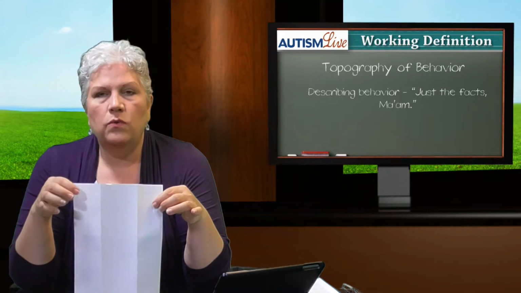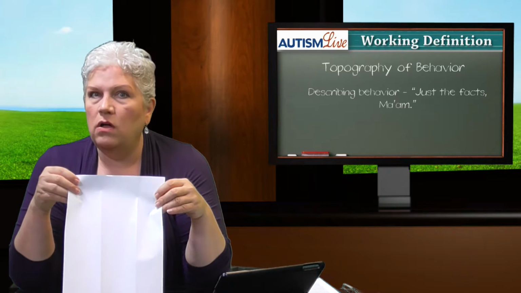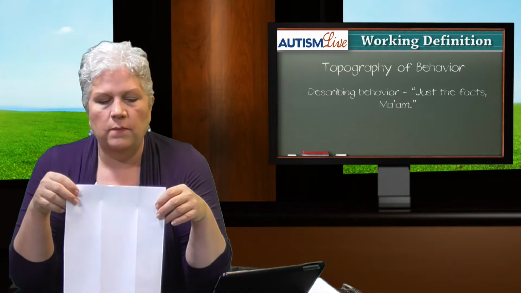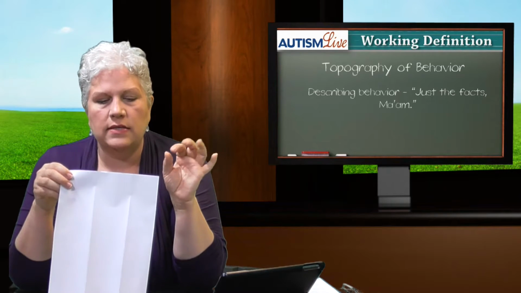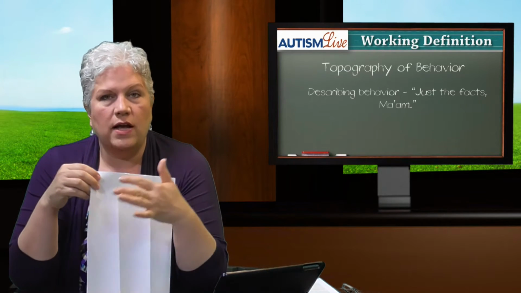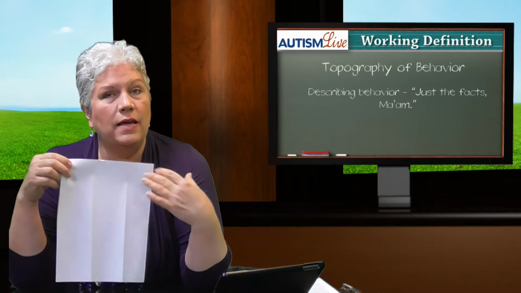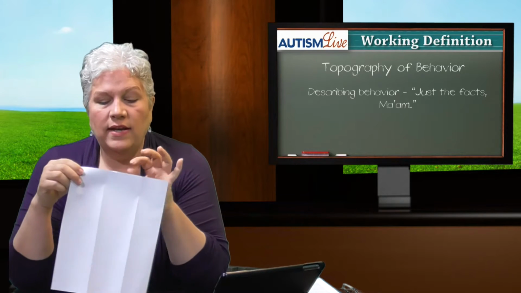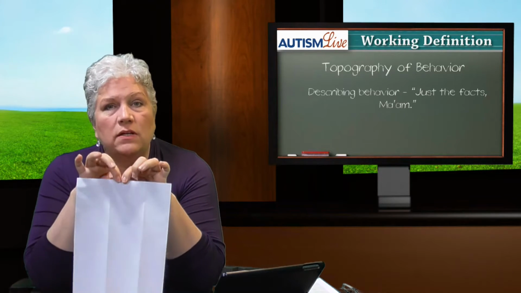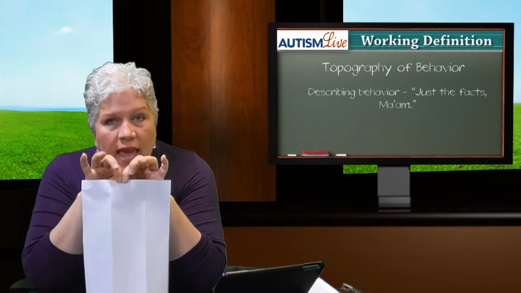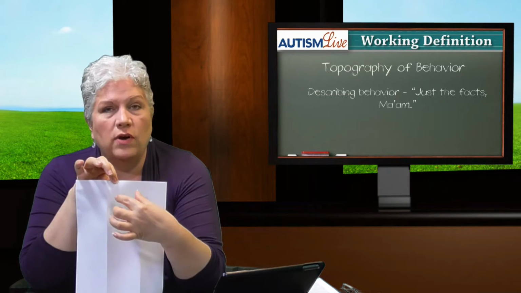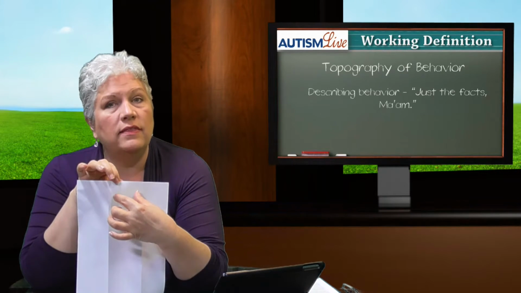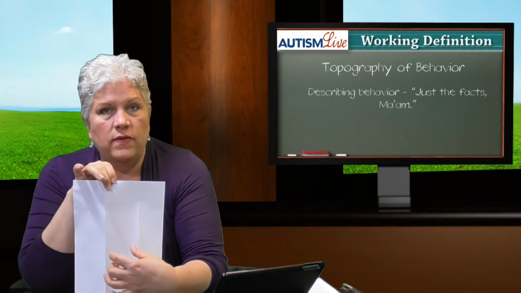If this is all Greek to you and you've never heard this before, make sure that you look for a past spot where we talk about antecedent or the ABCs of behavior. But right now I'm talking just about the middle column, the behavior. This is where your expert is going to ask you to write the topography of the behavior.